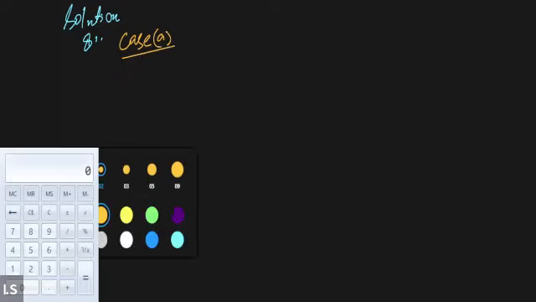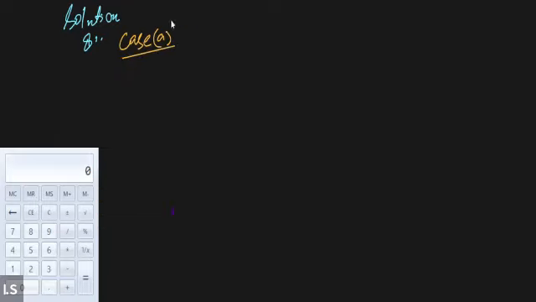Case 1 is where partners have decided not to show general reserve in the books of account.